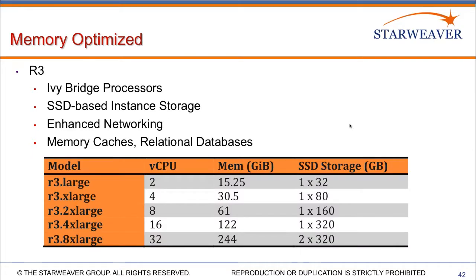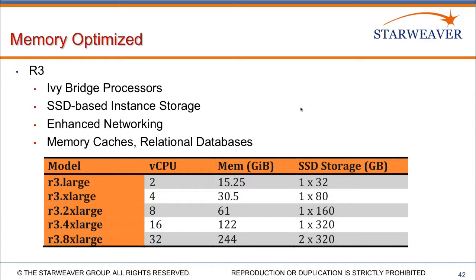Now a lot cheaper, but memory optimized also is Rs, right? And so the R3, you can see how much memory you get looking at the memory column here. Quite a bit of memory. You get a large amount of gigabytes of memory per penny. So it's a pretty good instance when you want to have, say, a memory cache, something like Memcached or Redis type of thing, where the NoSQL database runs in memory.